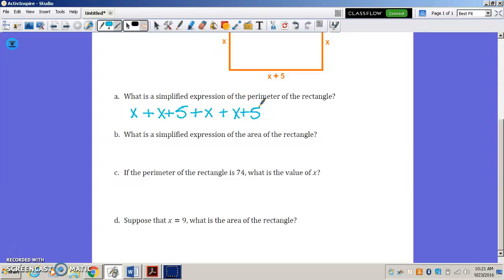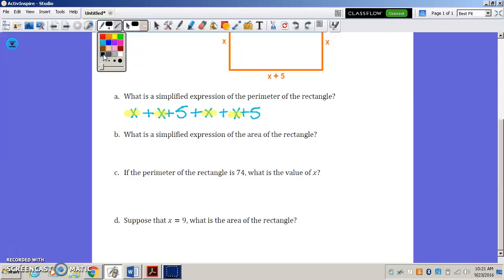Now, when you say simplify, we want to simplify this as much as we possibly can. So we're going to identify any like terms. I'm going to highlight them in different colors here. Anything that's the same variable, I'm going to highlight. And that's this one, and this one, and this one, and this one. That looks to me like a total of 4 x's.